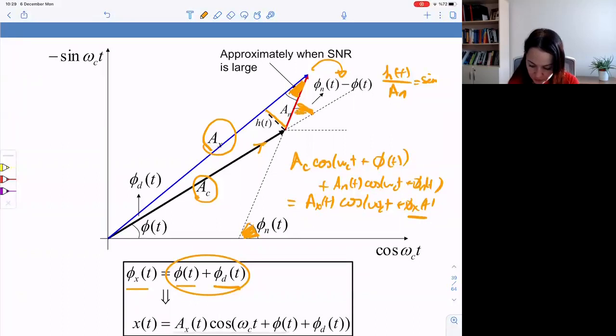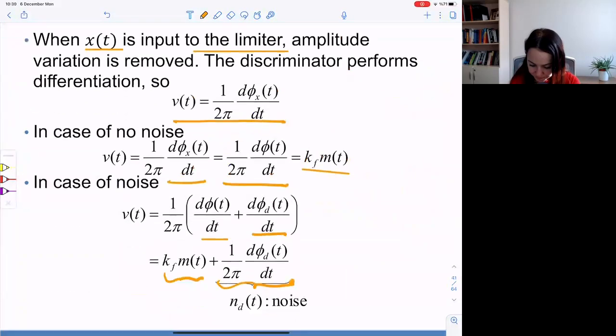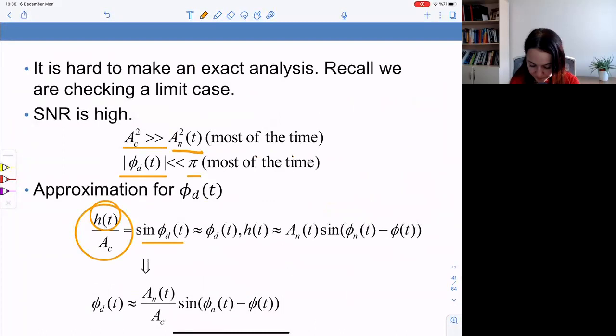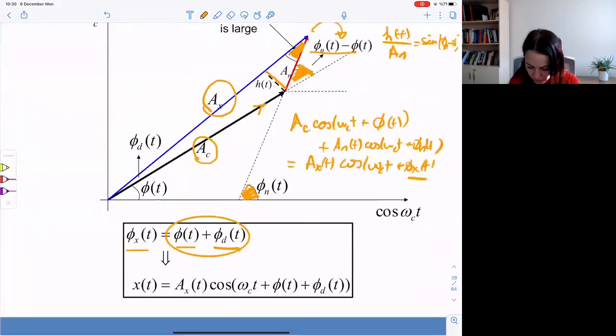So this angle is approximately this angle, and this angle is phi n minus phi. But then, one moment, let's see.